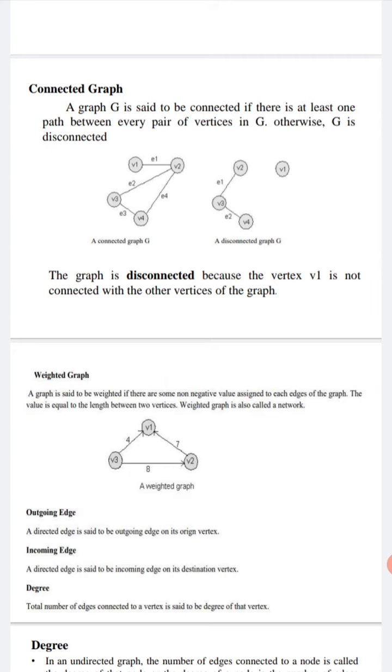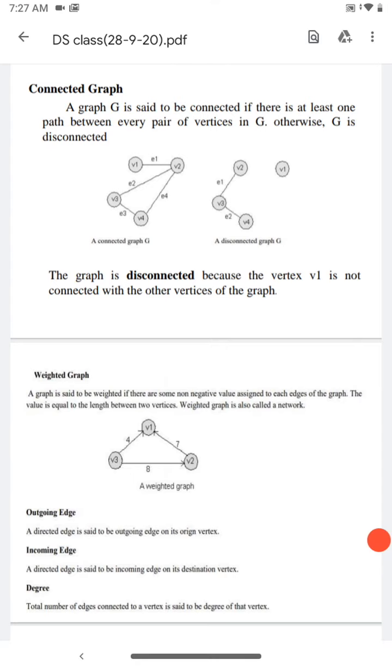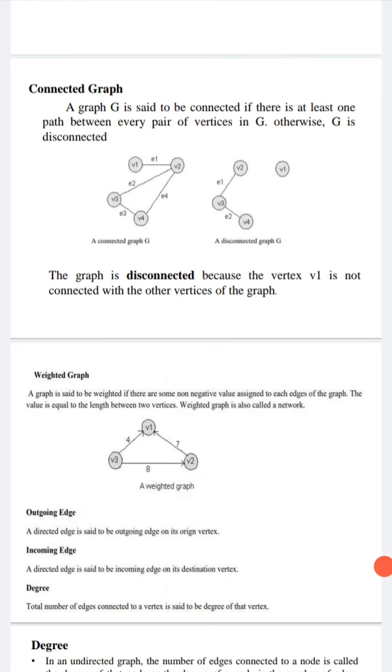Here, two examples are there. One is for a connected graph, another one is for a disconnected graph. The first one is a connected graph. Why? All vertices are connected with the other vertices. But the second figure represents a disconnected graph because the vertex V1 is not connected with the other vertices of the graph. V1 is separated. The graph consists of vertices and edges.